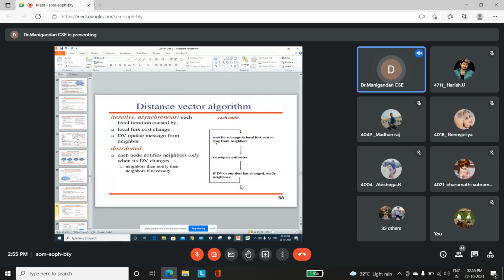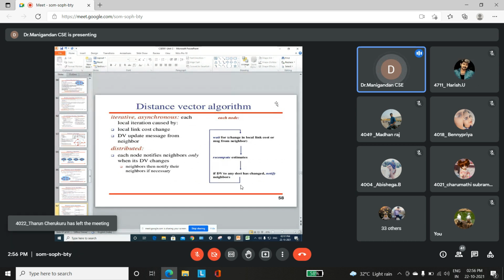Here each node waits for a change in local link cost or a message from neighbors. Based on that, the message from neighbors is processed, and then the recomputation of estimates is carried out. If the distance vector to any destination has changed, it notifies its neighbors.